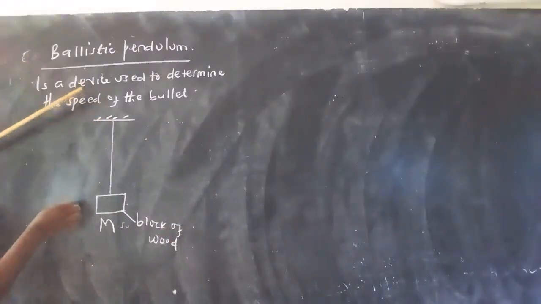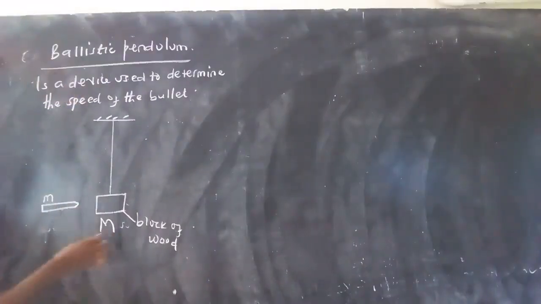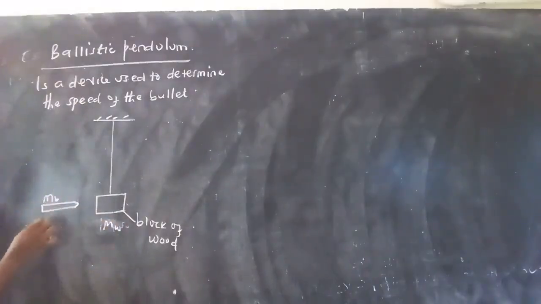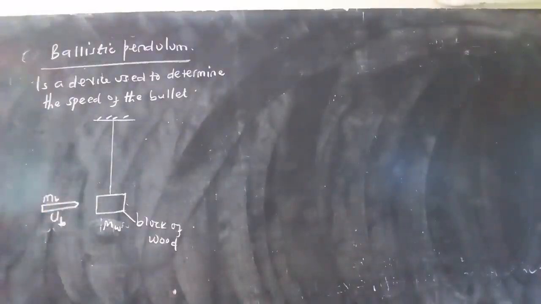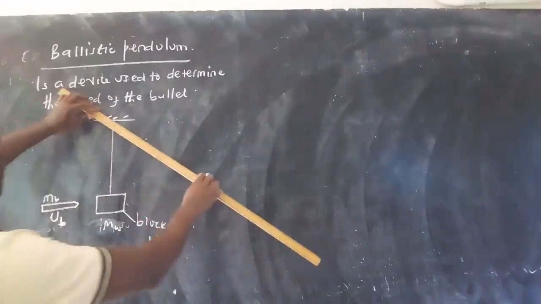Then you consider a bullet fired from a short distance. So this is the mass of the bullet, and this is the mass of the wood, capital M. The bullet is initially moving with the velocity U. Now after collision, the bullet gets embedded in the wood and they come here.